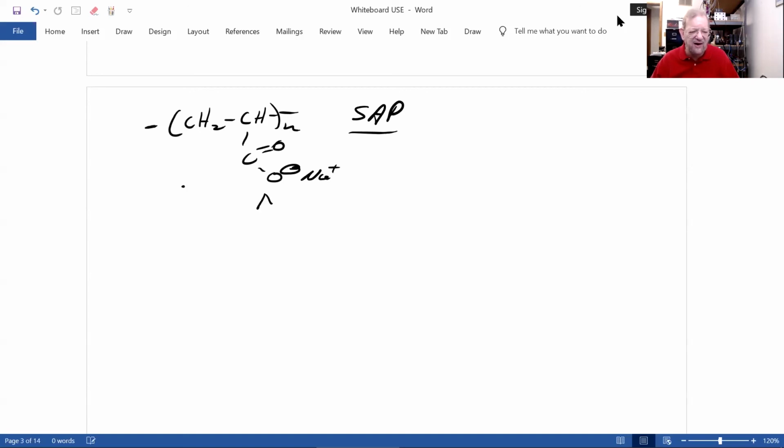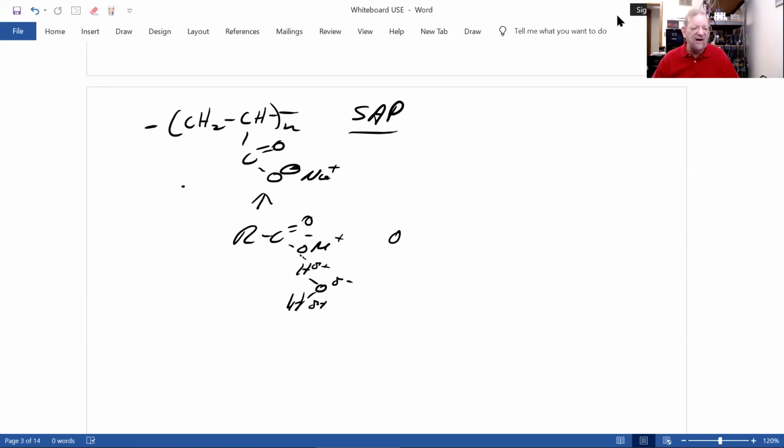And this is a carboxylate anion. And this hydrogen bonds real good to water, better than carboxylic acids.